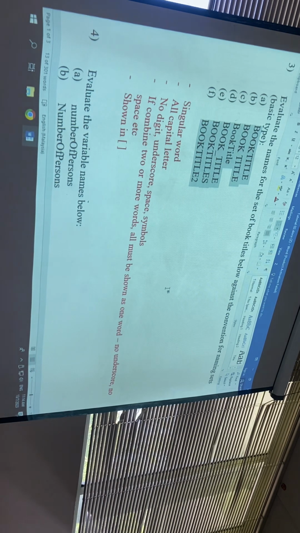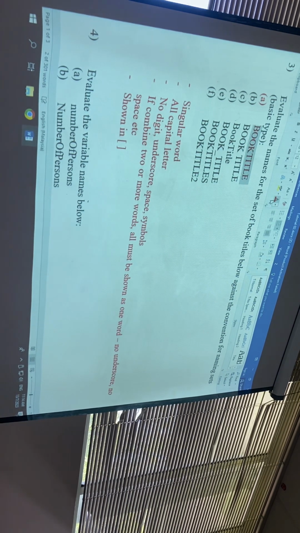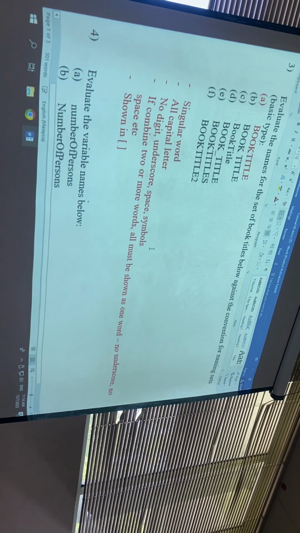Which one? A, B, C, D, E, F, which one? A? Any more? C? Are you sure C can? What is the rule for basic type? All capital letters. So C is invalid.